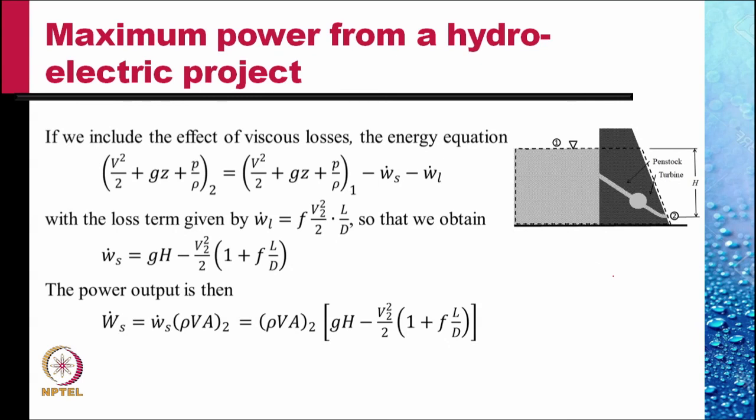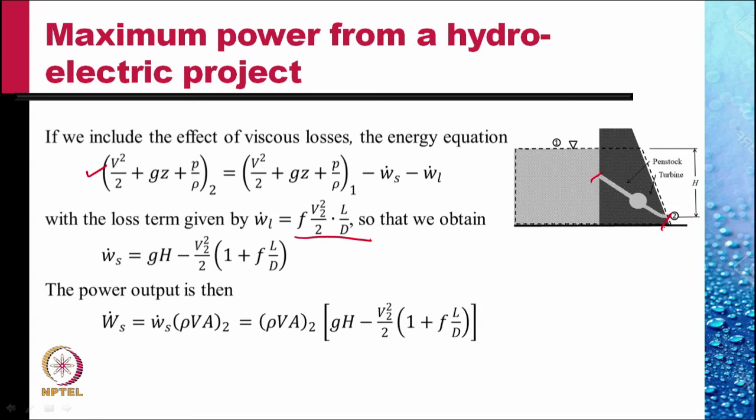If we include the effect of viscous losses, the energy equation, which is this, has another loss: f V2 squared by 2 times L by D. The velocity through the penstock from here to the exit is the same as V2. So we are using this as the head loss.